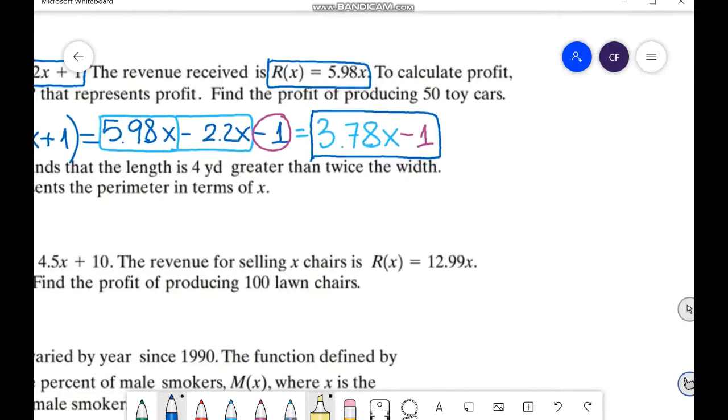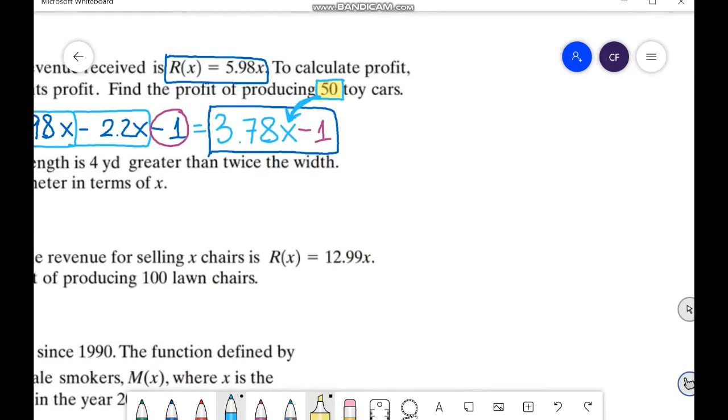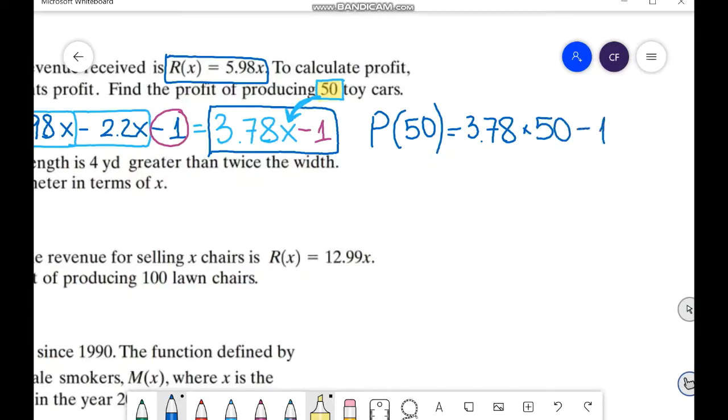And the question here, at the end you're going to see, is to find the profit if you produce 50 toy cars. We're going to plug in this 50 here. We're going to make x equal 50. So P of 50 equals 3.78 times 50 minus 1.